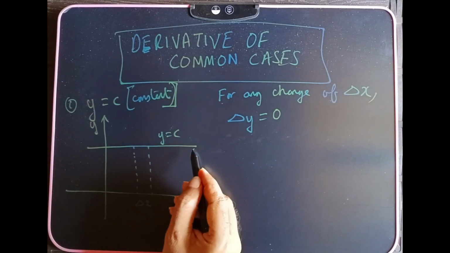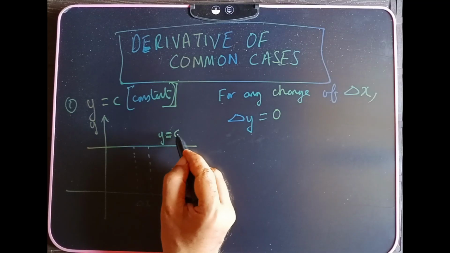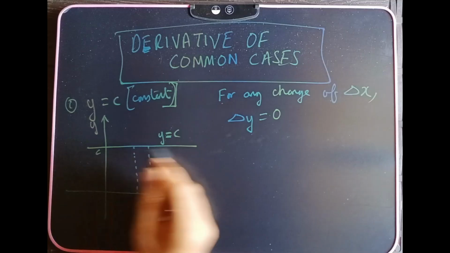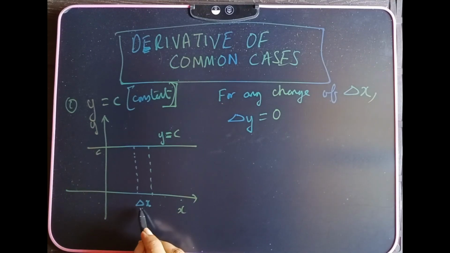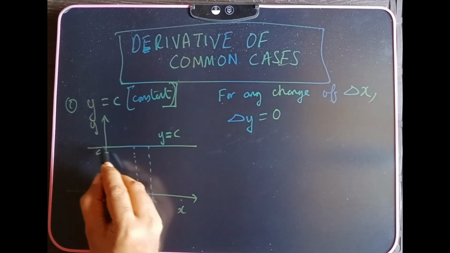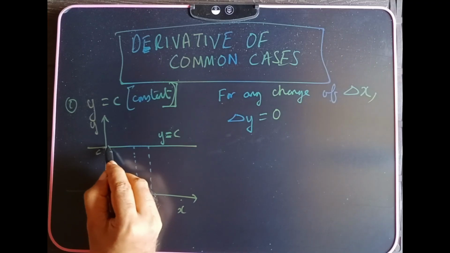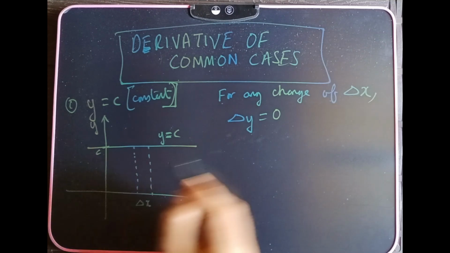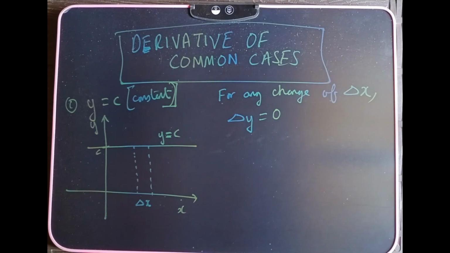This is a straight line. Y is equal to constant means basically this is the c intercept, which is a straight line. Now for this particular change of delta x, is there any change in y? There is no change in y, right? It's a straight line. There is no other point of y I can take. That's why delta y is 0.